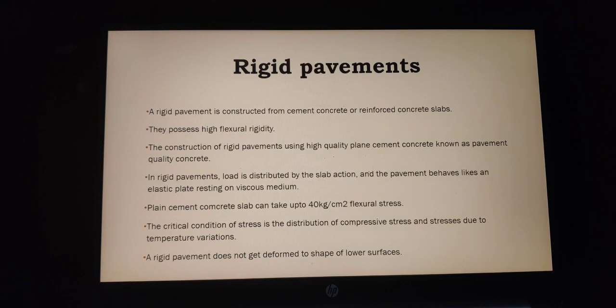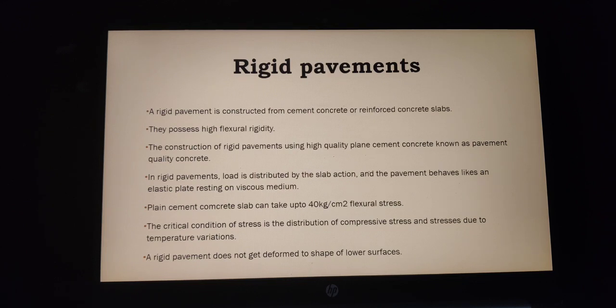So next we will see what is a rigid pavement. Rigid pavements are constructed from cement concrete or reinforced concrete slab. And the very important point is it possesses high flexural rigidity. Construction of the rigid pavement is mainly made from plain cement concrete known as pavement quality concrete.